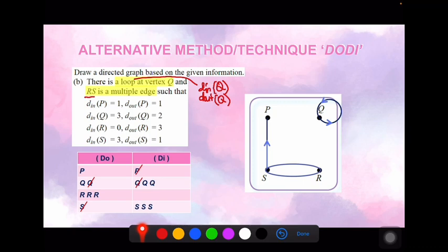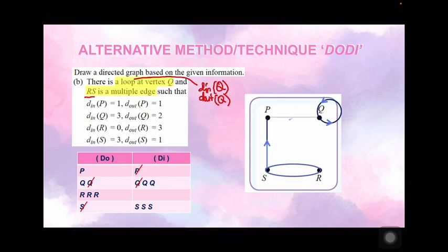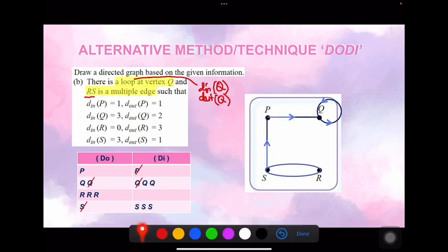Okay. Let's draw another edge from P to Q. That means you have to cancel in the table letter P, which is D out, and letter Q, which is D in. Alright?